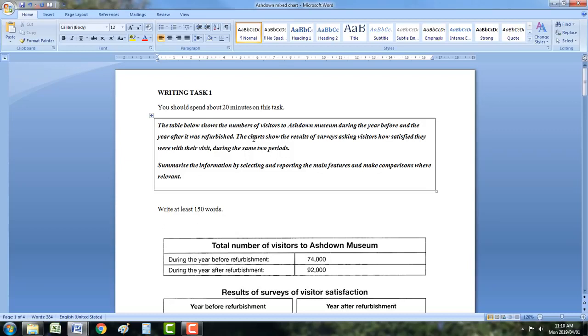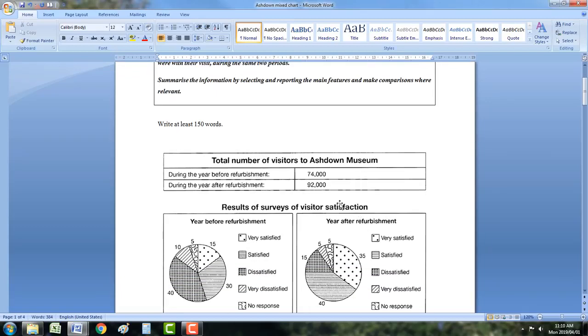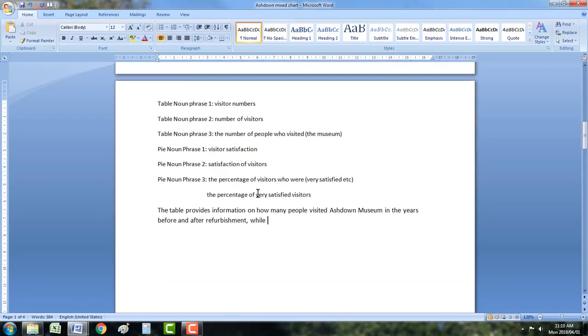And what do we see? The pie charts provide results of survey asking questions how satisfied they were with their visit. It's a bit, provide the results of a survey on visitor satisfaction. Take noun phrase 1 and put it in there. Maybe you can, if you want, use one of these because we're actually not going to use them later, so use it in the paraphrase.